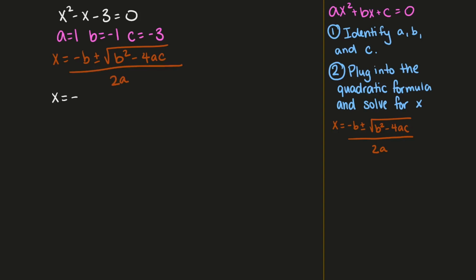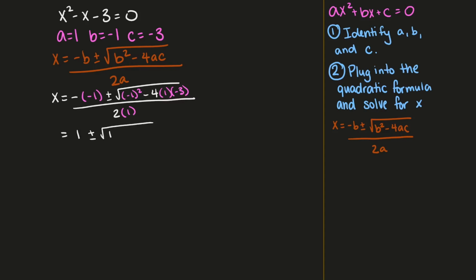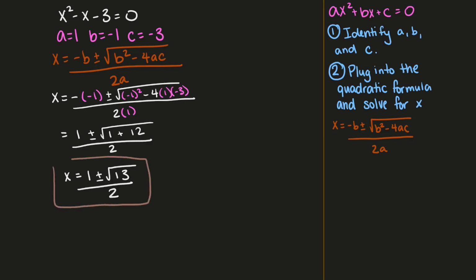So x equals the opposite of negative 1, plus or minus the square root of negative 1 squared minus 4 times 1 times negative 3, all over 2 times 1. So this is equal to 1 plus or minus the square root of 1 plus 12, all over 2, which means x is equal to 1 plus or minus the square root of 13 over 2. This can't be simplified any further, so that's our answer.